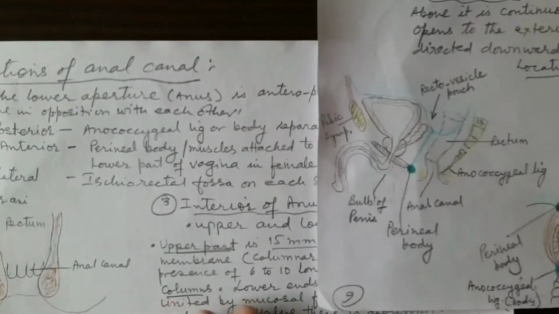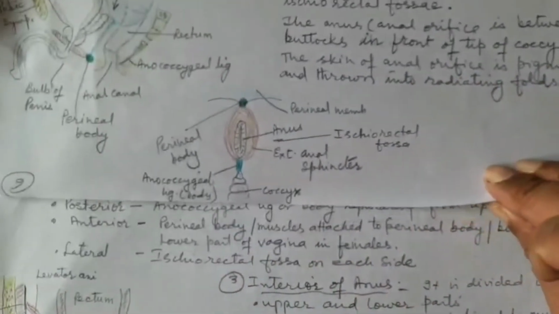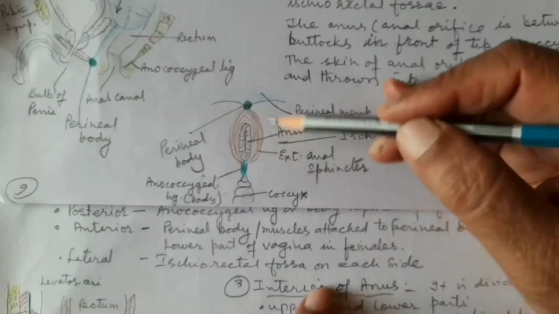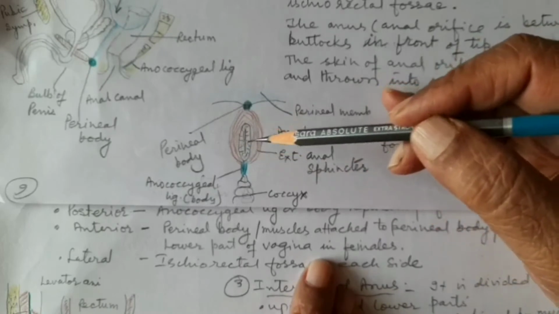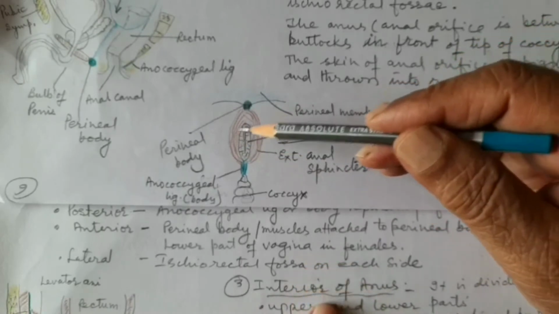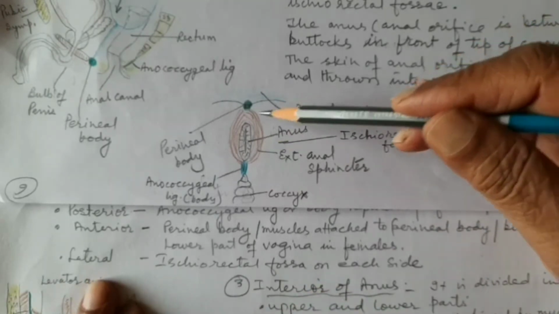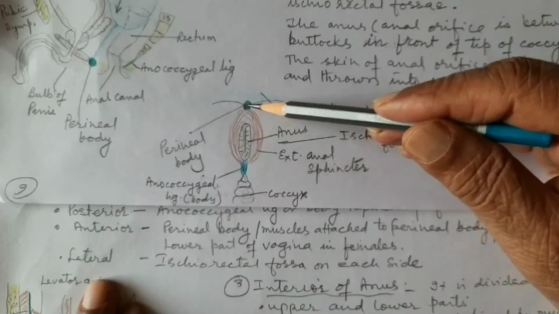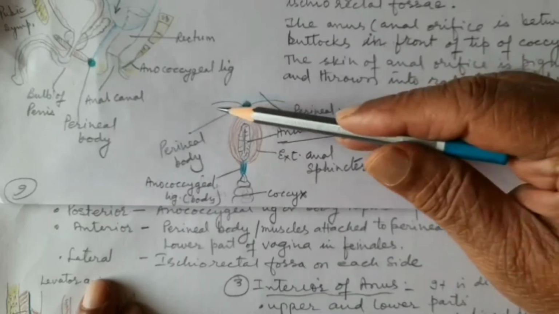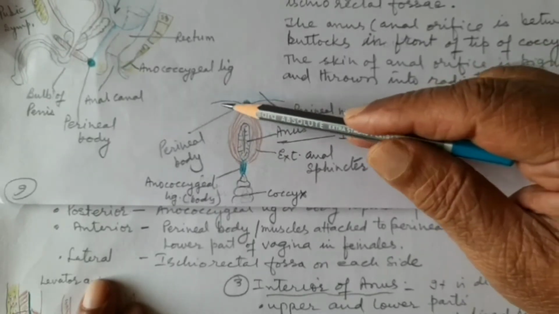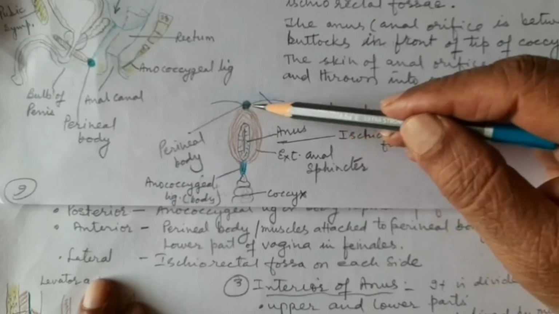Then the muscles which are attached to the perineal body. So many muscles will be attached, which form the sphincters, at least 3 different sphincters. Parts of the external sphincter are attached here. So anteriorly is the perineal body, which gives attachment to the various muscles: the superficial and deep transverse perineal muscles.